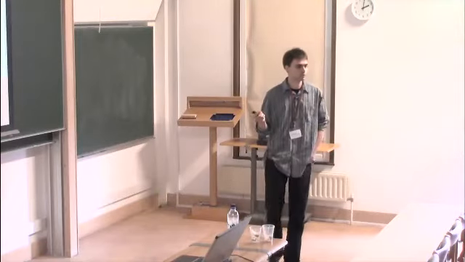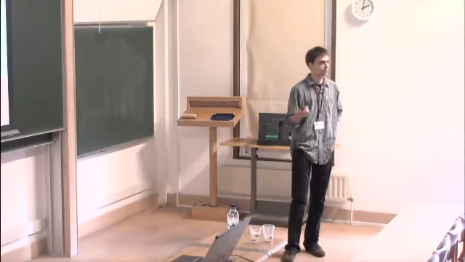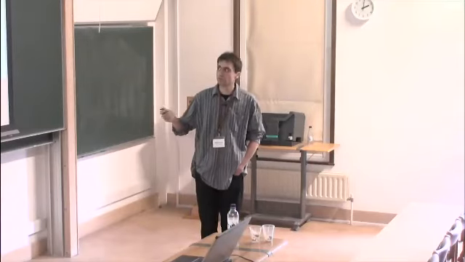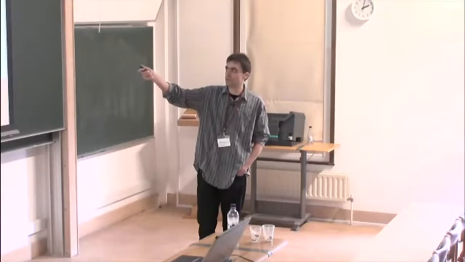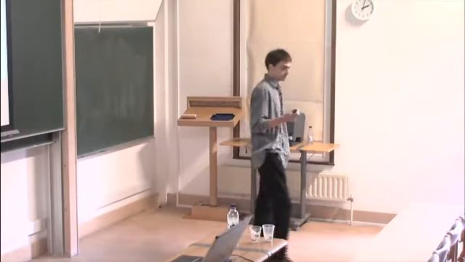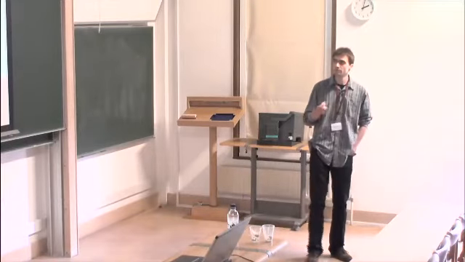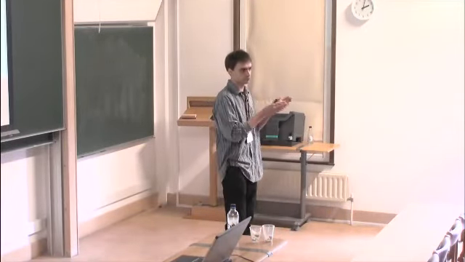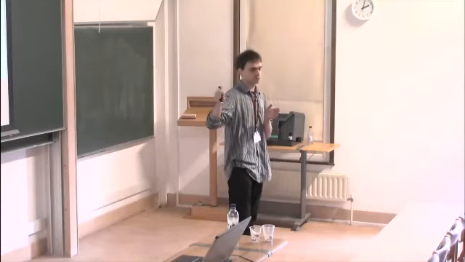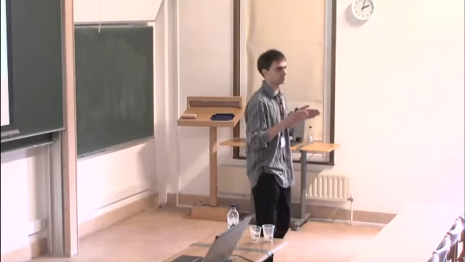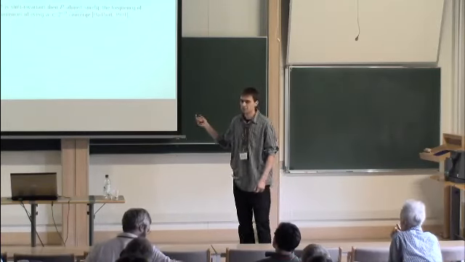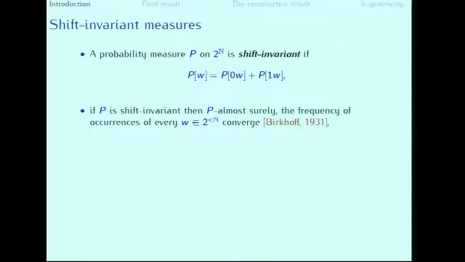Borel normality is implicitly for the uniform coin tossing measure, but the convergence holds actually for every shift invariant measure. The difference is that for the uniform measure, the limit frequency of a word does not depend on the particular sequence. It will always be 2 to the minus the length of the word. But for shift invariant measures in general, this limit may depend on the sequence.